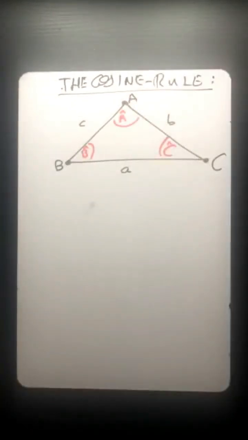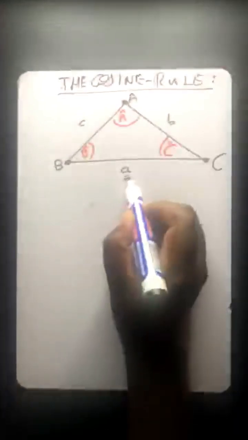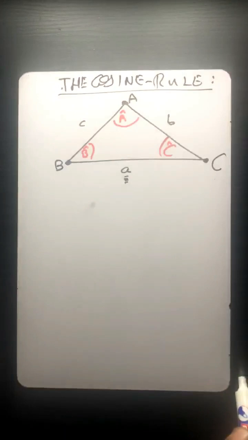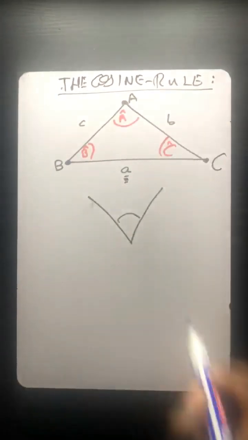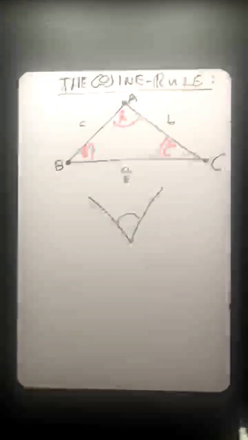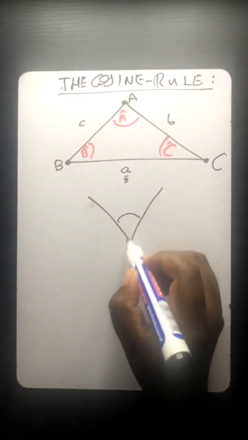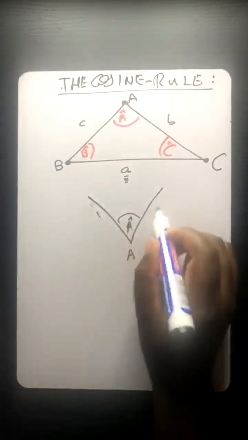Those are the angles. Very quickly, let me write down the formula. If you are looking for side A, this is angle A, and you are having a side and a side.